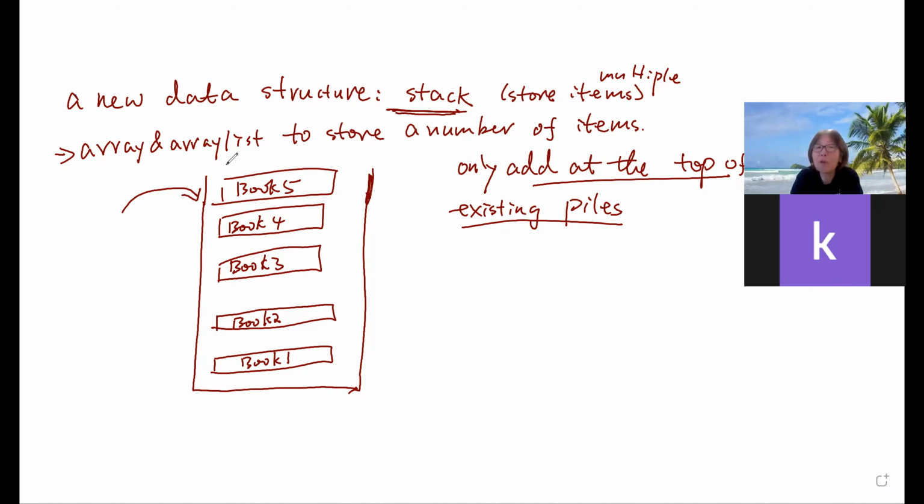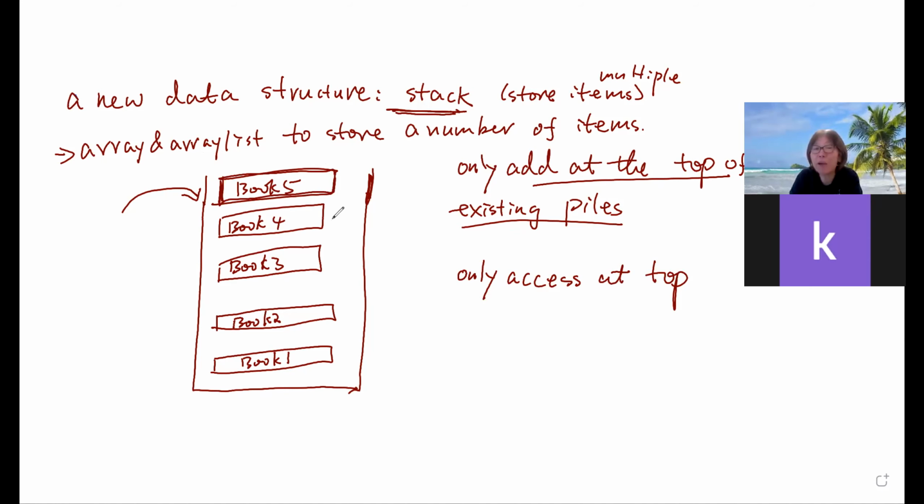And also, you can only access at the top. You cannot access from the bottom, because we can only access the top. So after we add, then we can only reach the top item.